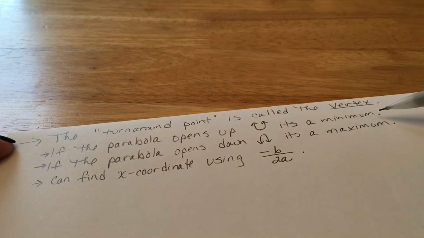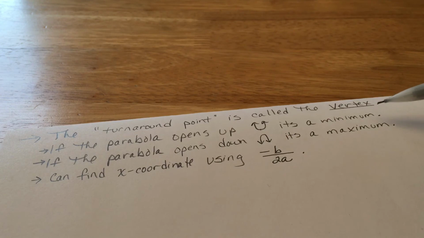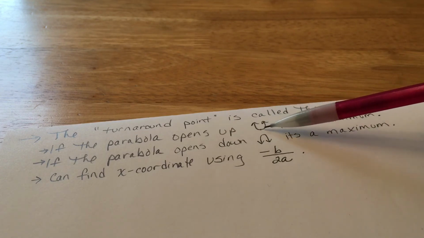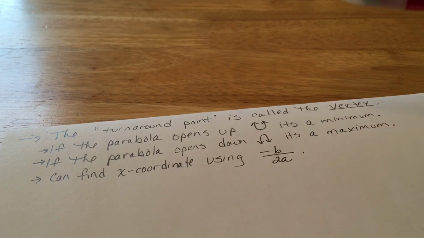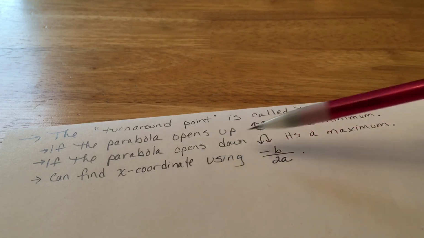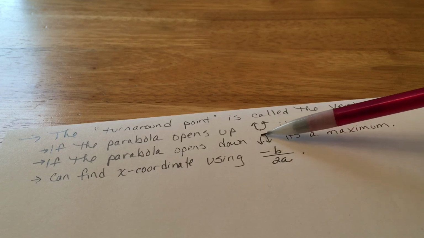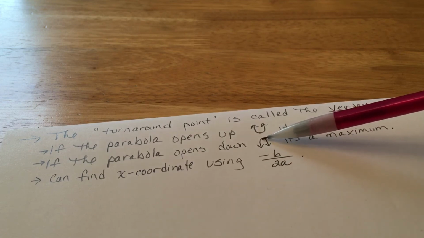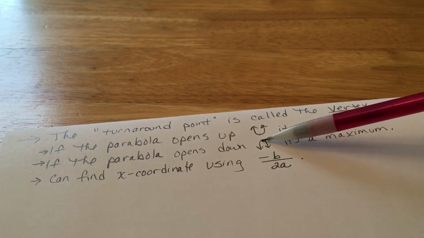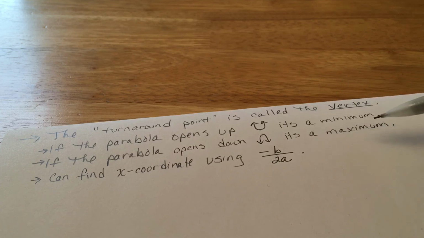And it would be the minimum. Does it make sense? If our graph is opening up, this is the smallest y value our graph would ever take. So it's a minimum. If your parabola opens down, that means that a, your leading coefficient, is negative. That means we're going to get this upside down U. That means the vertex, this point right smack dab in the middle, is a maximum.